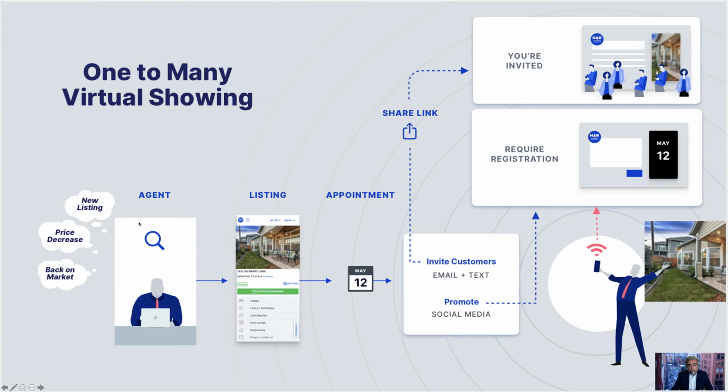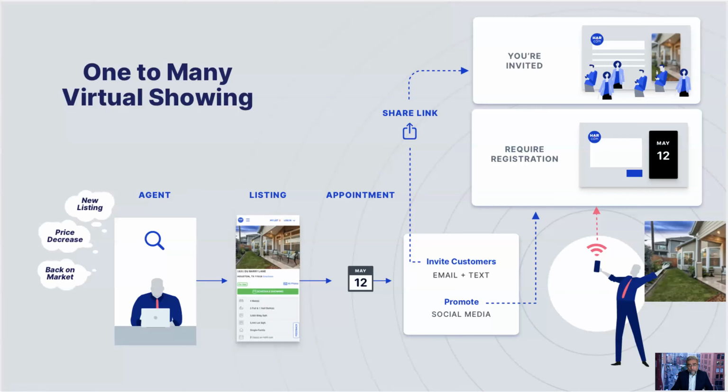So for example, there's a new listing which just came to market, and it's really good. And Ty thinks that he can share that with his clients and tell them, look, I'm going to show this property if you would like to see it. So it will be where you are inviting multiple people. You set up an appointment, and you go in and make an appointment just like you're doing a regular showing.